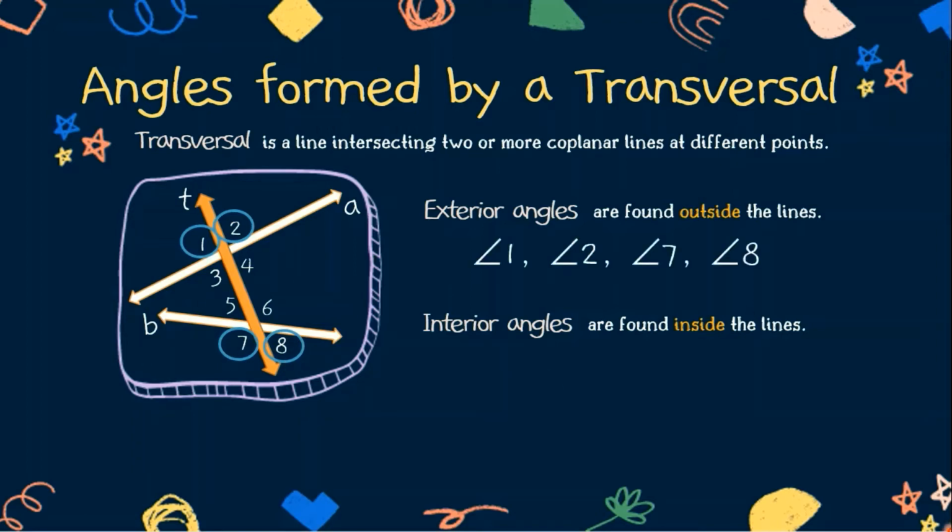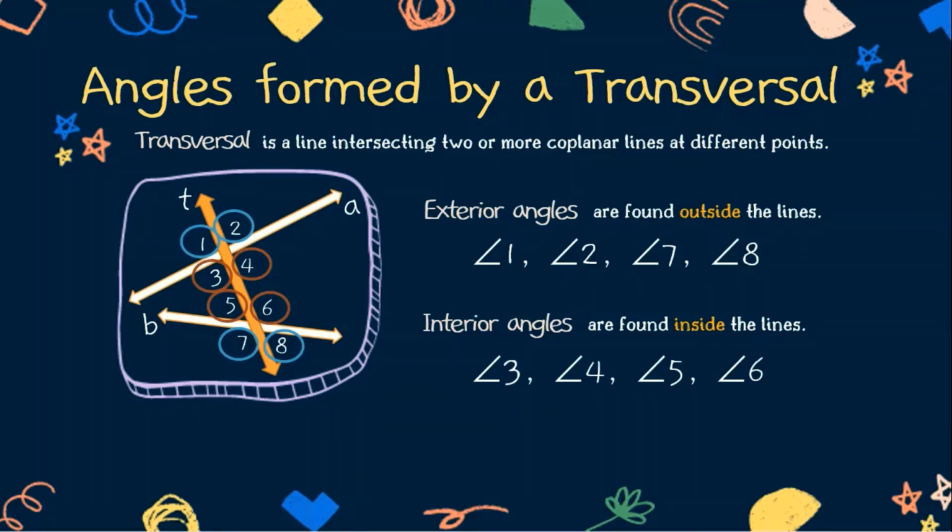Therefore, these 4 angles are the exterior angles dahil nasa labas sila nung dalawang line. While yung mga natitirang angles, angle 3, 4, 5, and 6, sila naman yung mga nasa loob ng dalawang lines. Therefore, these 4 angles are known as the interior angles.